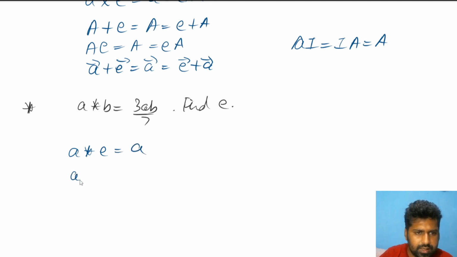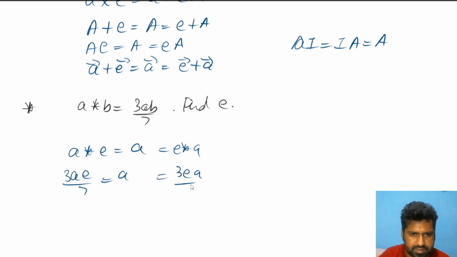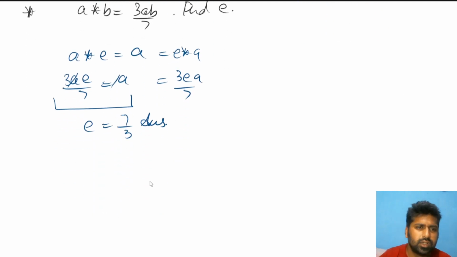Use this definition now: a star b means 3ab upon 7, so a star e means 3ae upon 7 should be a. And you can write this also, e star a, so still same thing, 3ea upon 7. So basically we solve these two only, cancel a and a. What is the e element? 7 by 3, that's your answer. So you can find any identity element as per the operation.